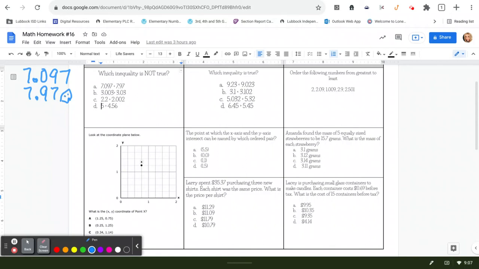I can see that 97 is less than 970, so this one's true. Then I'm going to line up my next one and put in my phantom. 30 is greater than 3. Oh, that might be my answer. That one's incorrect. Let's check the other problems to be sure.